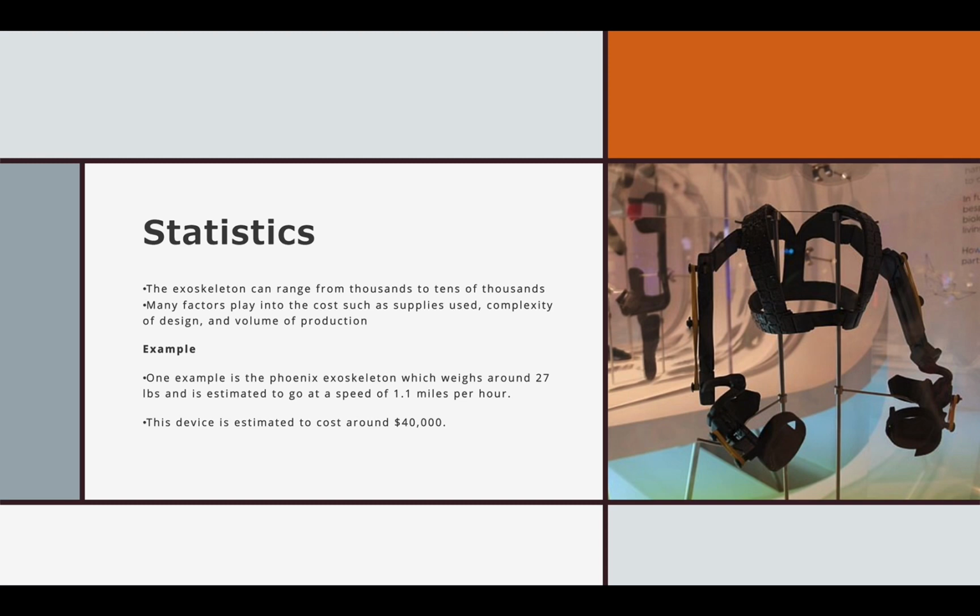One example that I found was the Phoenix exoskeleton, which weighs approximately 27 pounds and is estimated to go at a speed of 1.1 miles per hour. Just this alone is estimated to be around $40,000 to build or to buy.